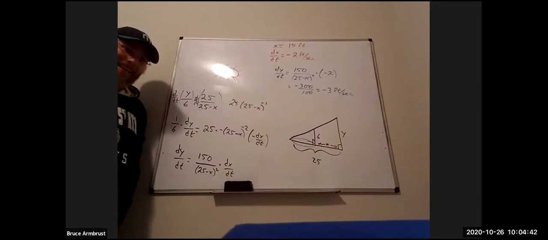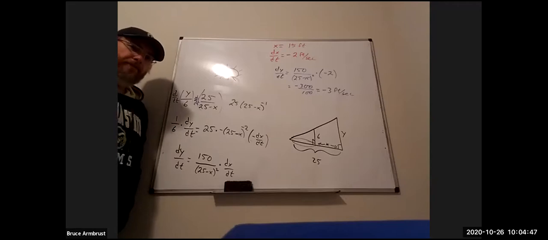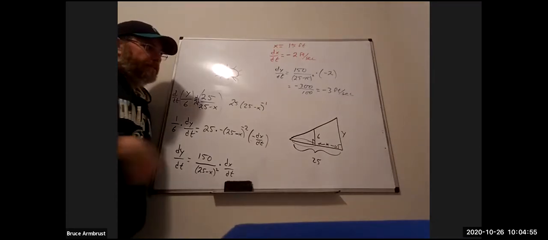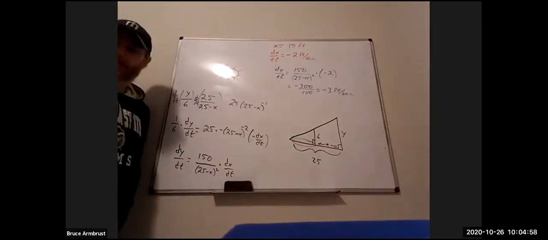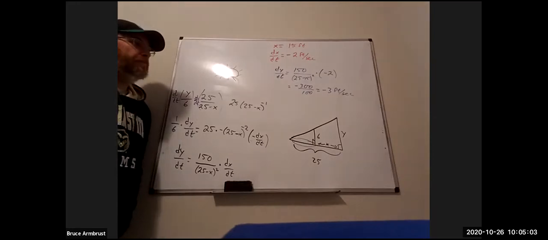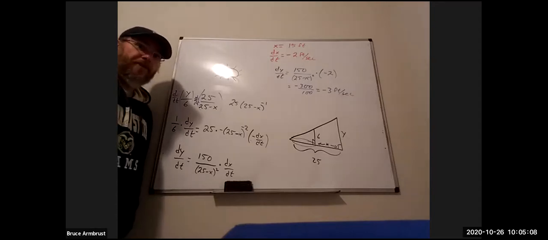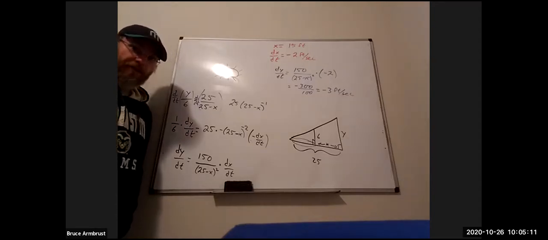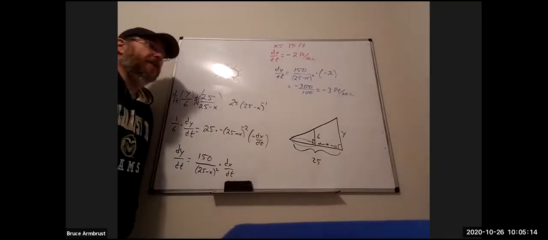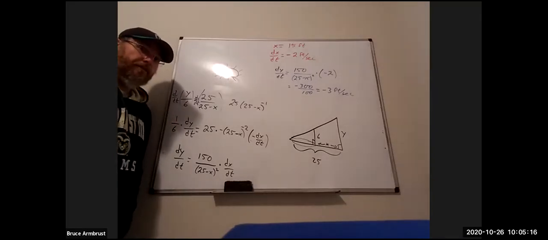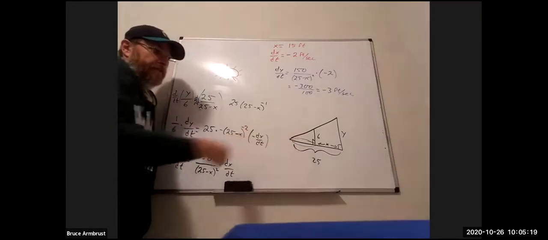So what we're finding is that as he's walking away, the shadow is decreasing in height. And it's decreasing at a rate of 3 feet per second. So it's getting shorter. But there you go. We just found that rate of change. And we found it because we knew how it was related to the other rate of change, basically using a similar triangle.